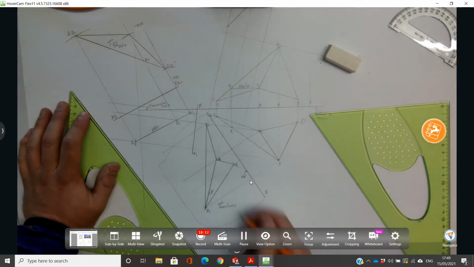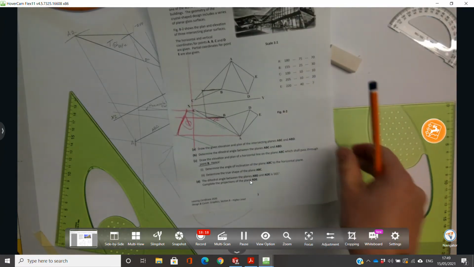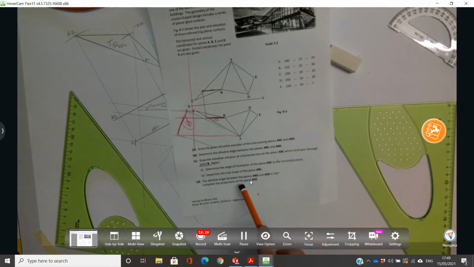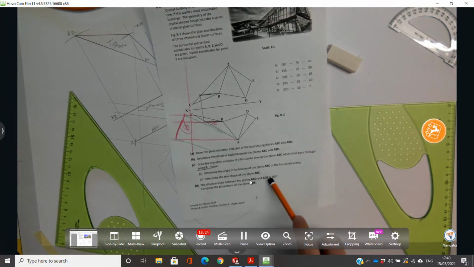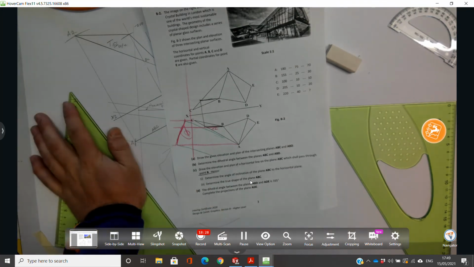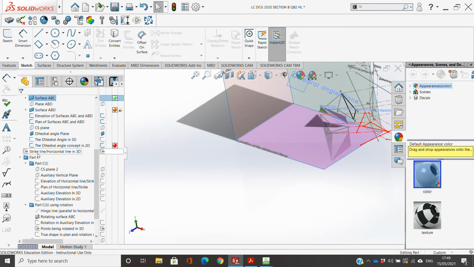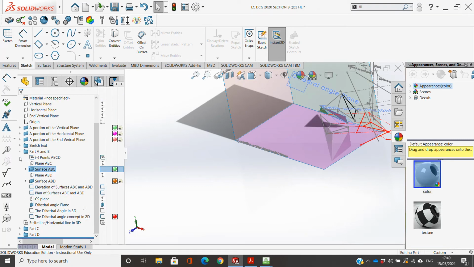Now, next part is part B, the dihedral angle between the planes ABD and ADE is 165. Complete the projections of ADE in plan. Okay. I'll just pause this.